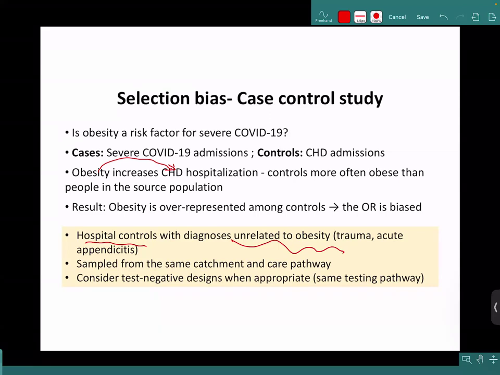So then you have to take something like trauma or acute appendicitis or any other entity which is not related to obesity. And of course, all of these controls need to be tested, and you have to ensure that they are not suffering from COVID-19. Same source and same testing pathway is another criterion. So stick to the same hospital, because it has a particular system of admission criteria and method, and identify a disease which is not related to your exposure to prevent this kind of bias.